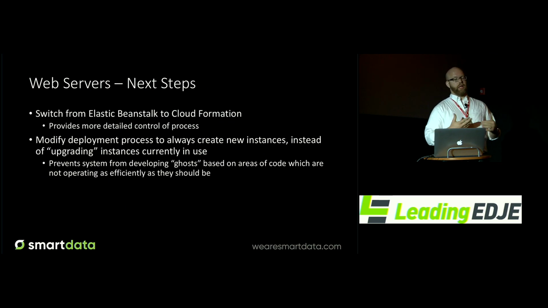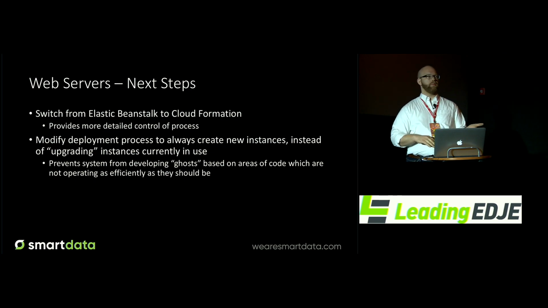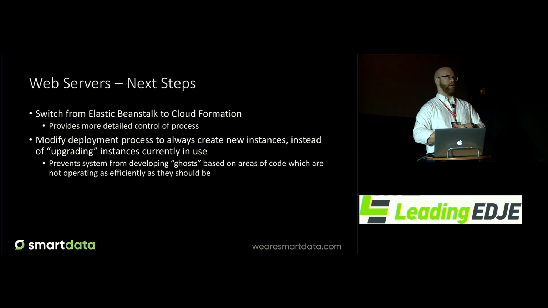But one of the things that we'd like to do in next steps is move from Elastic Beanstalk to a solution called CloudFormation. CloudFormation is a tool where you can use XML or JSON, I believe, to script out your environments, and then CloudFormation can go through the creation process for you.